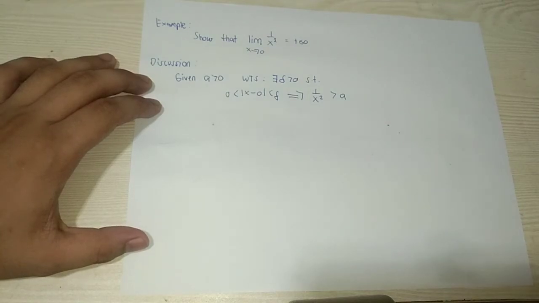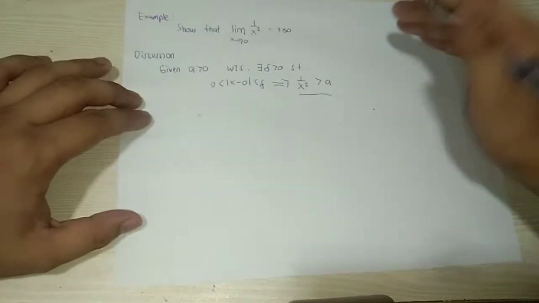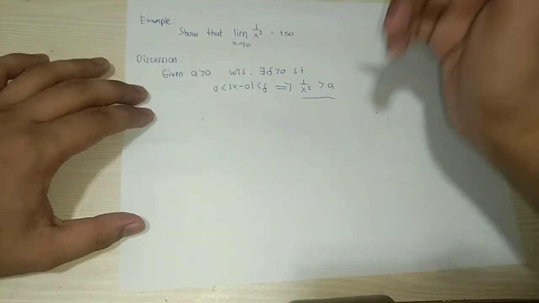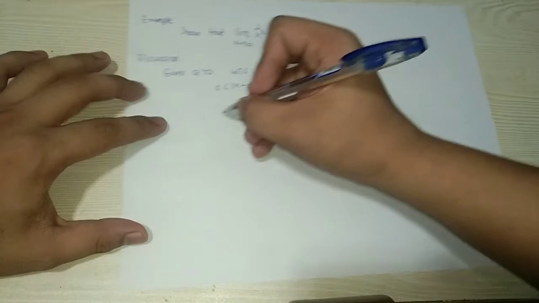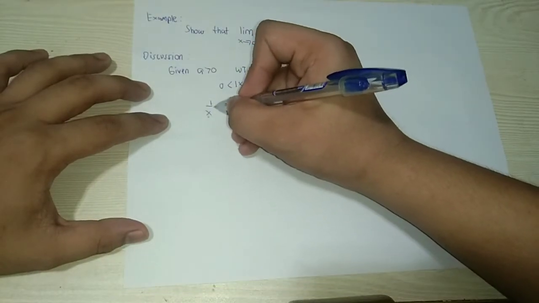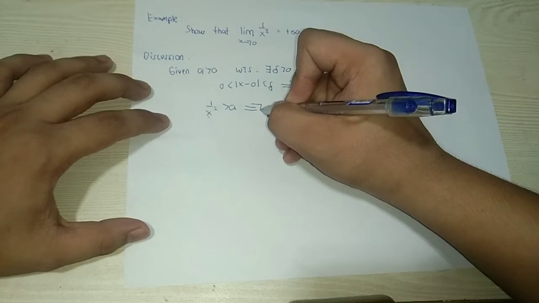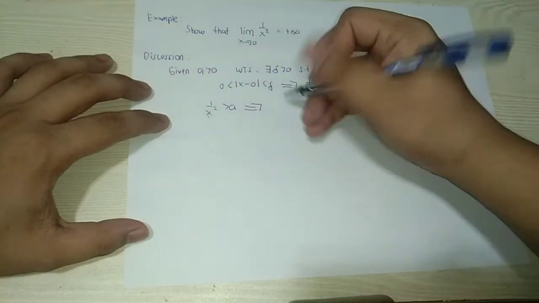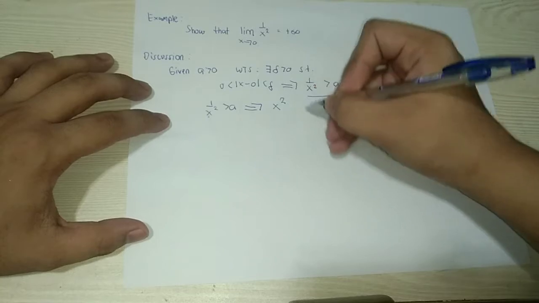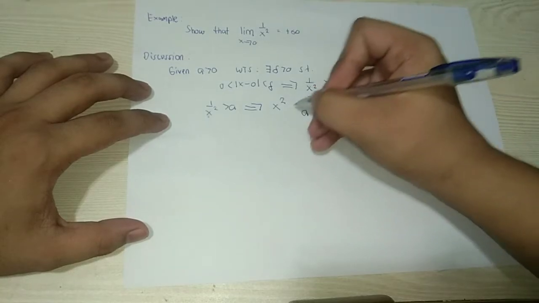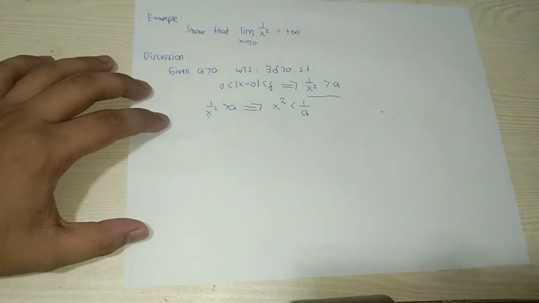Okay? So ito yung gagamitin, sisimulan natin, 1 over x squared, para mahanap natin yung value ng delta. So 1 over x squared greater than A, this implies i-reciprocal natin. Di ba kapag ni-reciprocal natin both sides, yung isa magiging 1 over A, mababaliktad yung inequality.